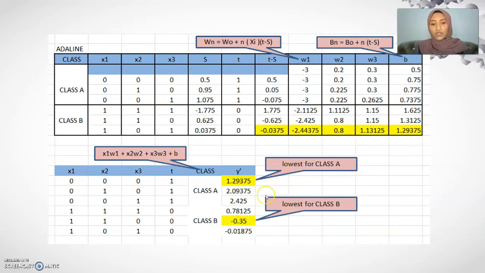So we need to choose the lowest value for class A and class B. The lowest value for class A is 1.29375, and the lowest value for class B is -0.35.